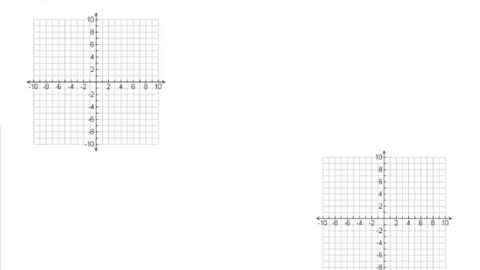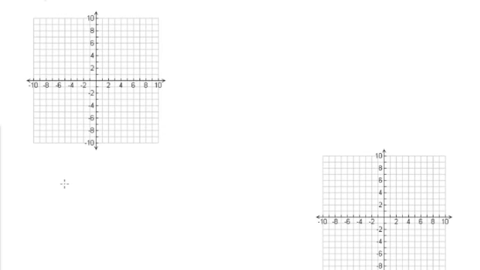First, let's try this example here. The first one we're going to try is y equals x, and y equals 6 minus x. To graph on this coordinate plane, we should put it in slope-intercept form.